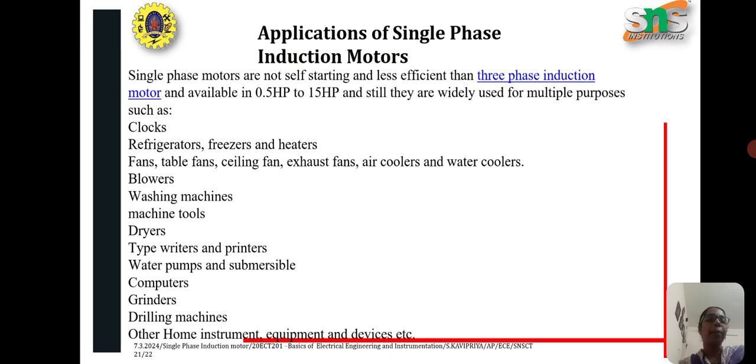And finally, applications of the single phase induction motor. It is used in almost all types of multi-purpose applications like clocks, refrigerators, fans, blowers, washing machines, dryers, grinders, computers, etc. Because of the high utility factor, it is used in almost all applications.